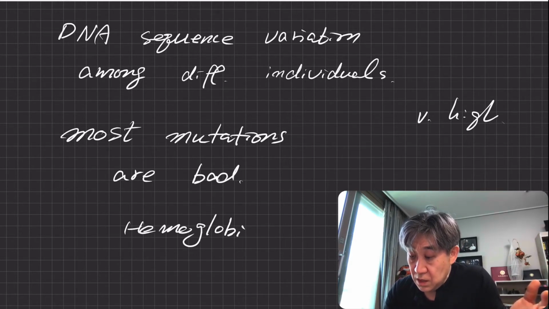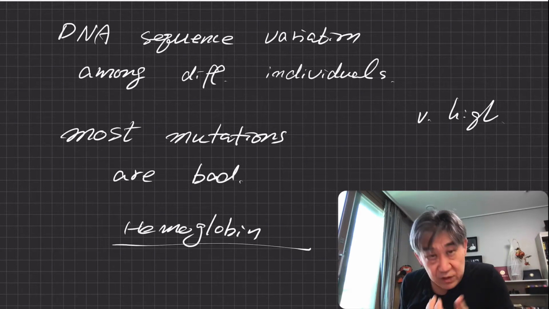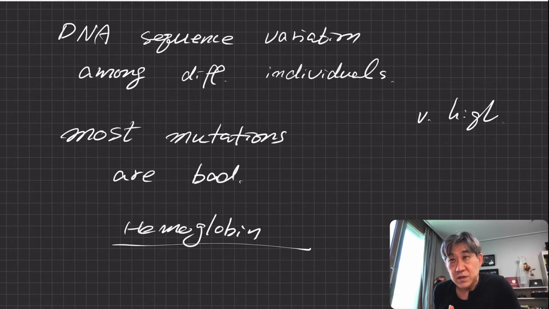Hemoglobin is a protein which is extremely important for all these blood-circulating animals. For them, hemoglobin is extremely important because its function is to carry oxygen to every different part of your body. And there is a gene actually making this protein, the hemoglobin gene.